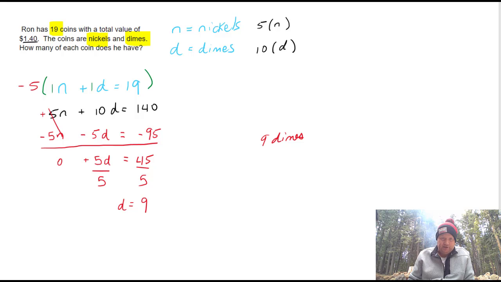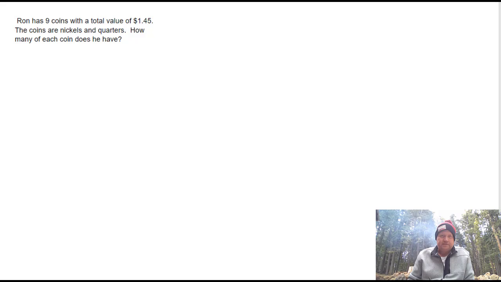And it told me I have 19 altogether. Well, 9 of them are dimes. That means 10 of them had to be nickels because 10 plus 9 is 19. So there you go. There's one example of the coin problem, with nickels and dimes. And you can see why there's value in using appropriate letters to make sense of our solution.